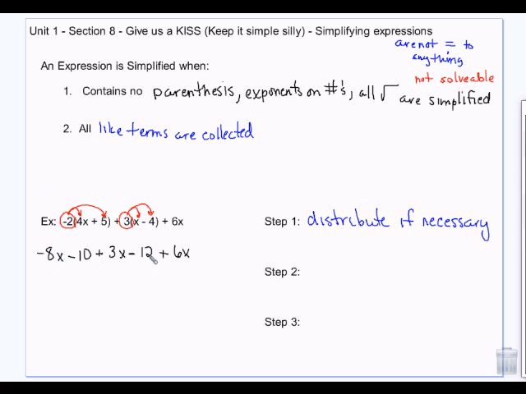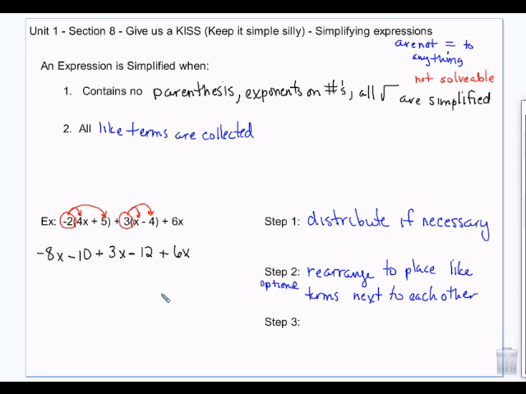Once I've done that, step 2 is optional. I'm going to rearrange to place the like terms next to each other. Like I said, you don't have to rearrange them if you don't want to.